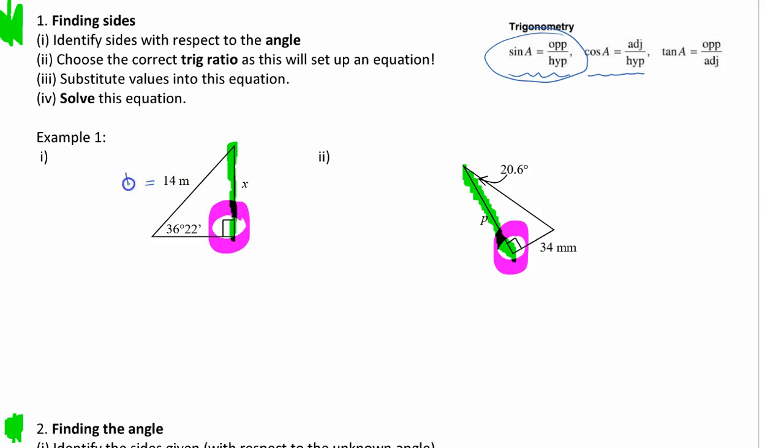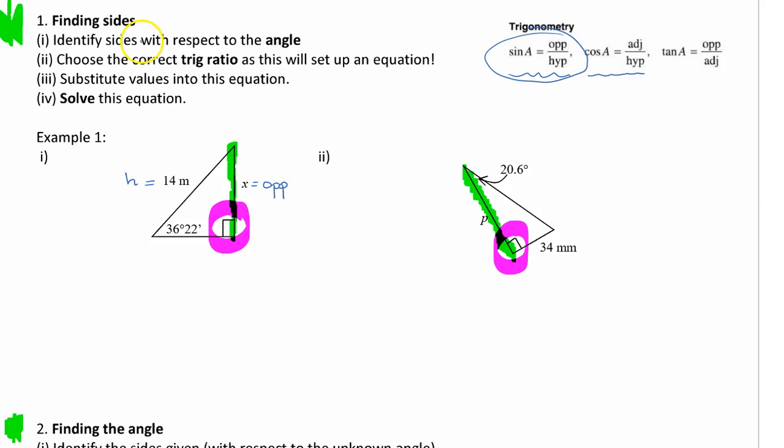So yes, you can see here we've got 14 on the hypotenuse, but then we need to identify the other side, which is this x. So only identify the sides that have either a pronumeral or a number on them. So we don't identify this side down here because it's not involved in this question. But the x with respect to the angle would be the opposite side.